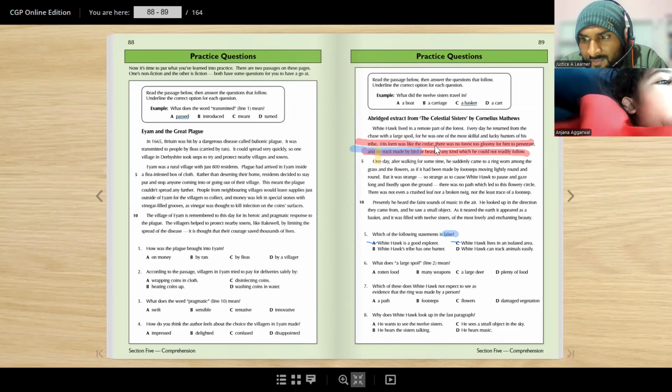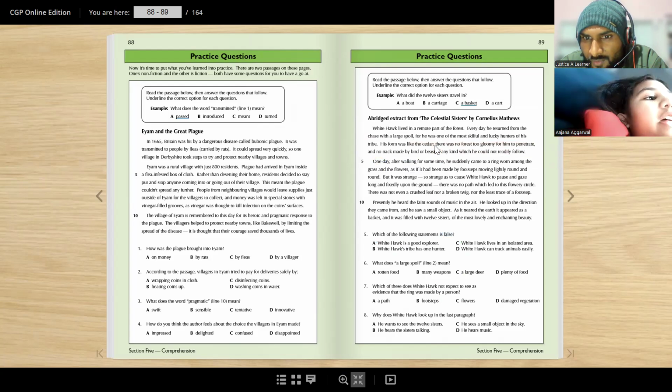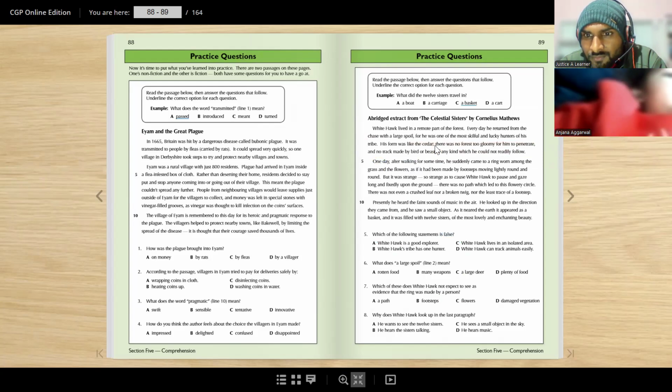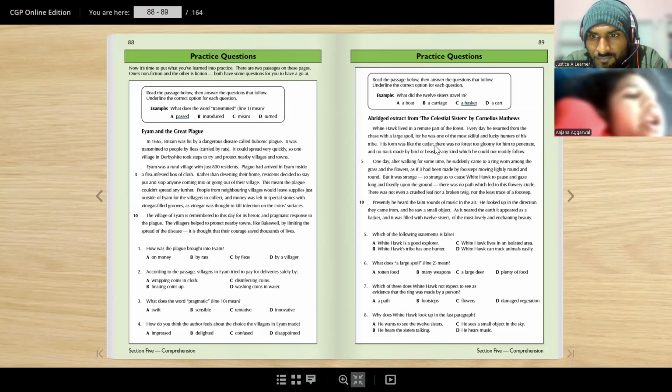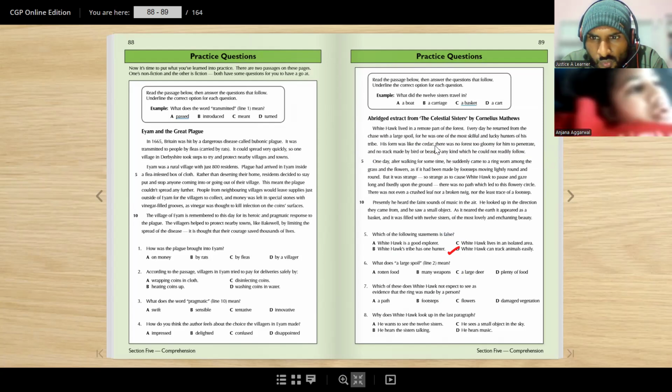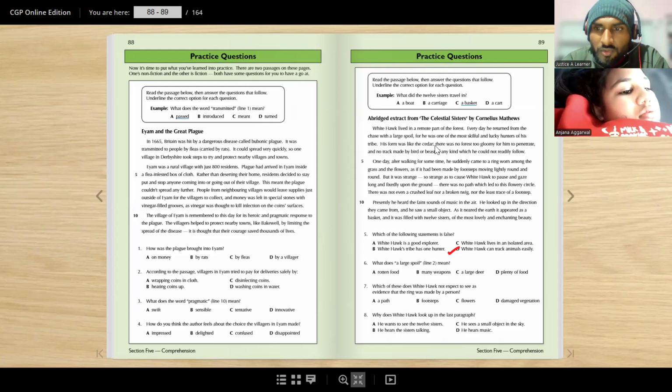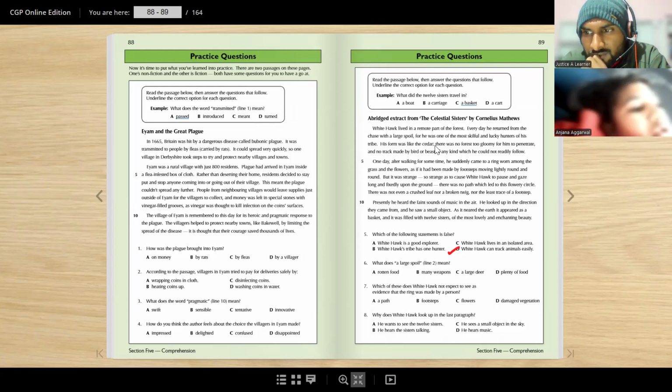It says no. Yep. So if there's no track of birds and anything, then it's really hard to find things. White Hawk can track animals easily. It is true, and then the question is asking for false.